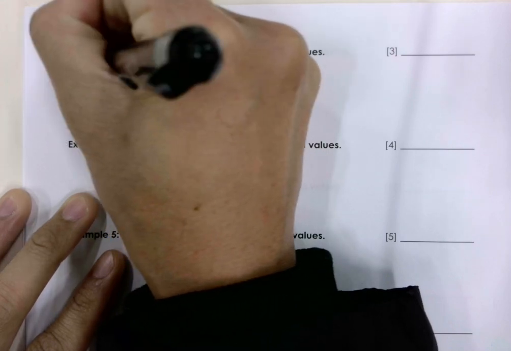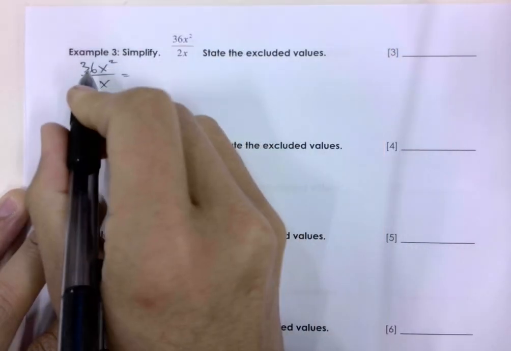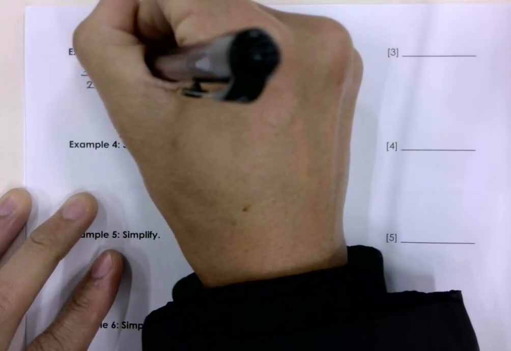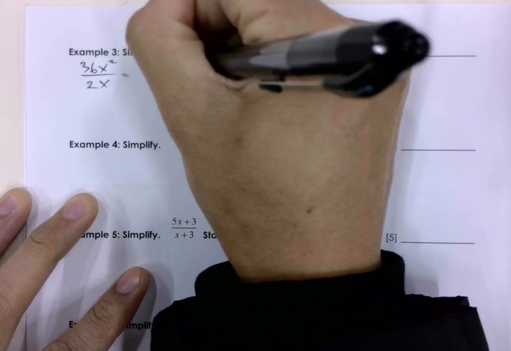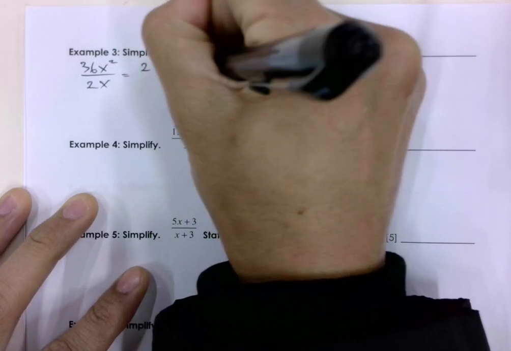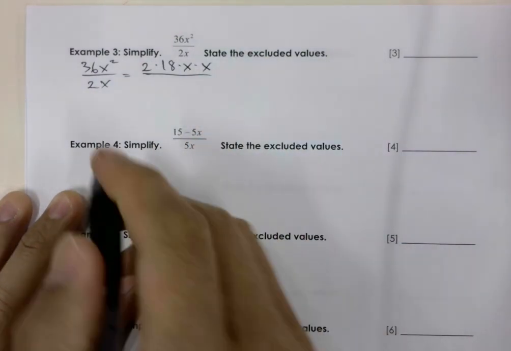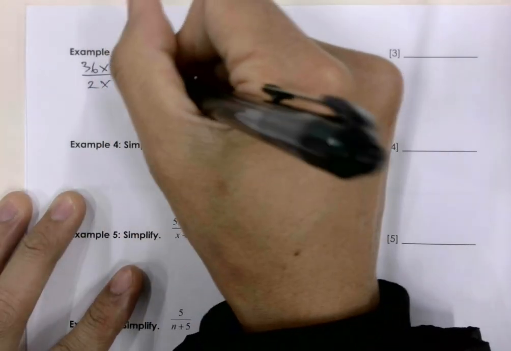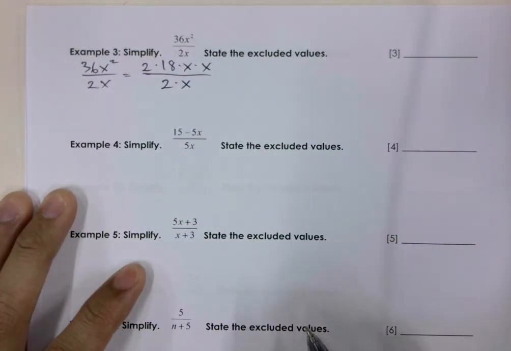So 36x squared over 2x is going to equal 2, and I'm going to factor out a 2 from 36. So it's going to be 2 times 18 times x. I'm going to break up my x into 2 factors of x times x because it's x squared. And down in the bottom, the denominator, I have 2 times x.